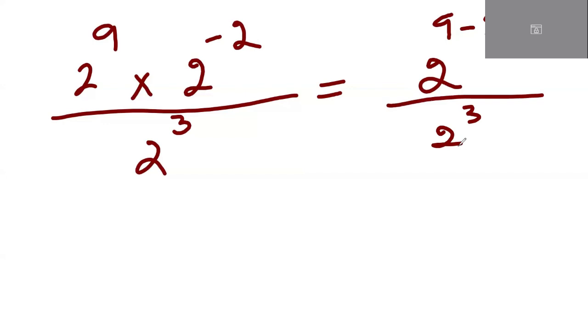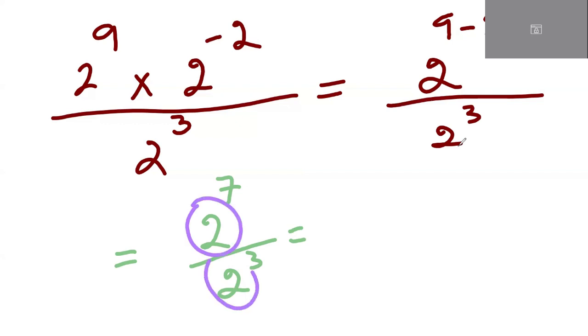Continuing further. 2 raised to the power 9 minus 2 will give you 7 divided by 2 raised to the power 3. Again, 2 and 2, the bases are same.